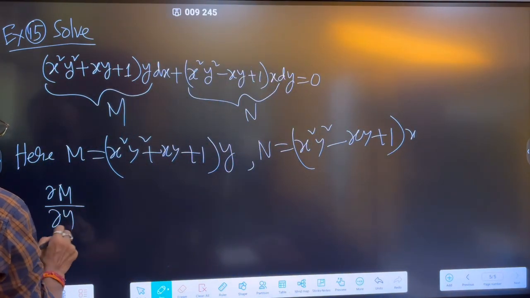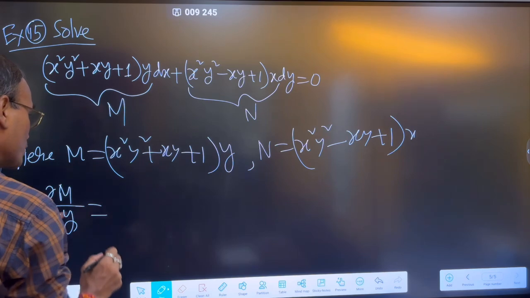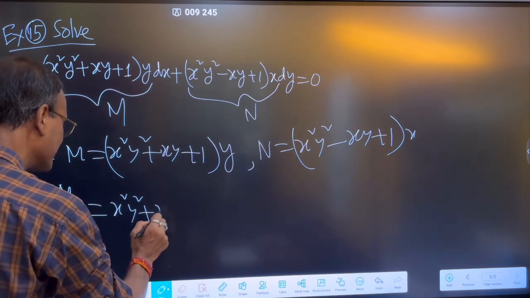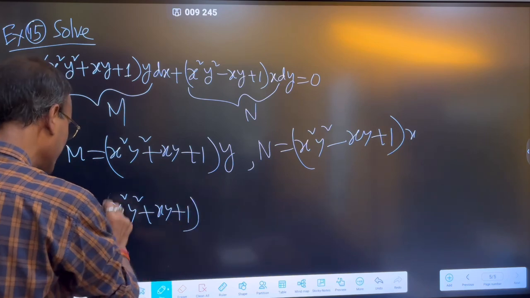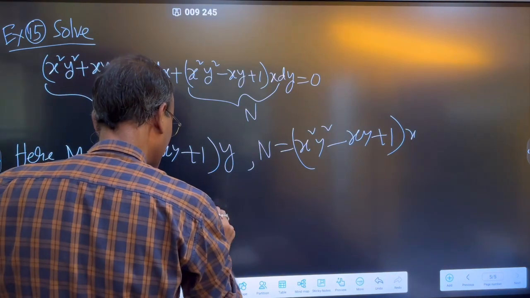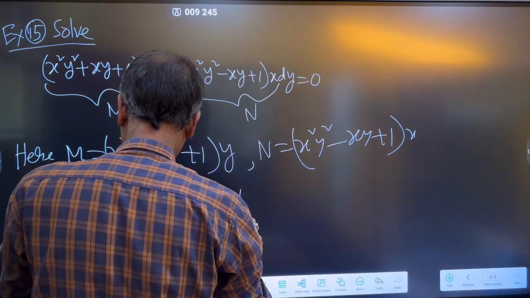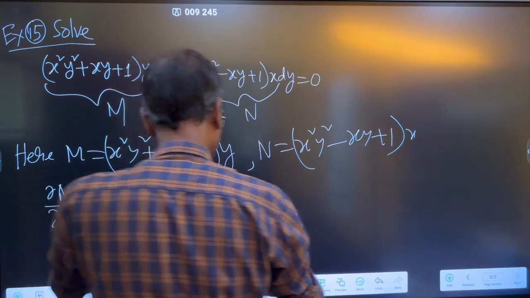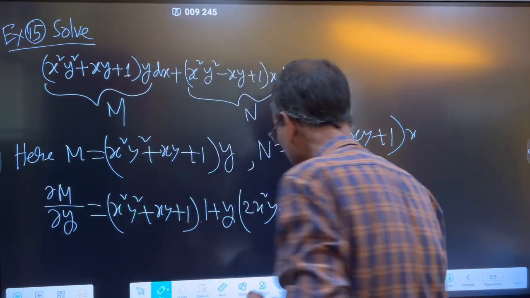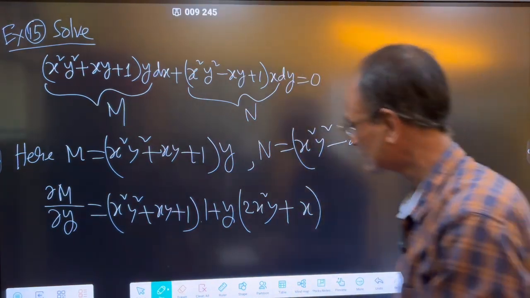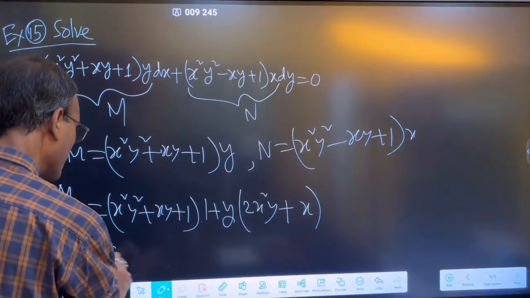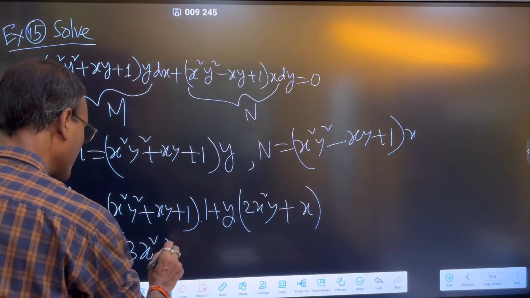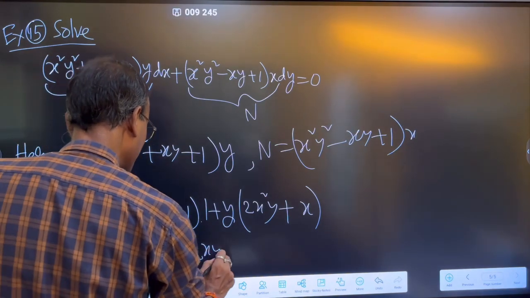What is del m by del y? It is a product function: first function into differentiation of the second function with respect to y, partially differentiated, plus the second function into differentiation of the first. This is equal to thrice x square y square plus twice xy plus 1.